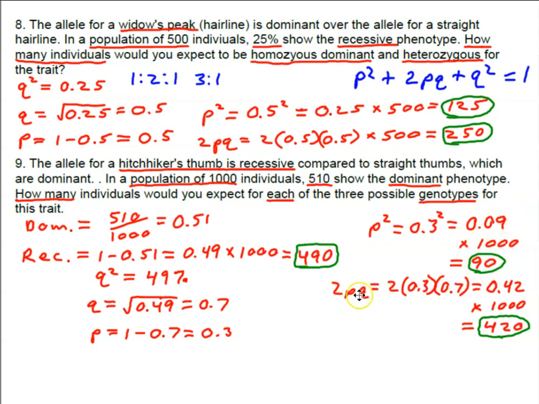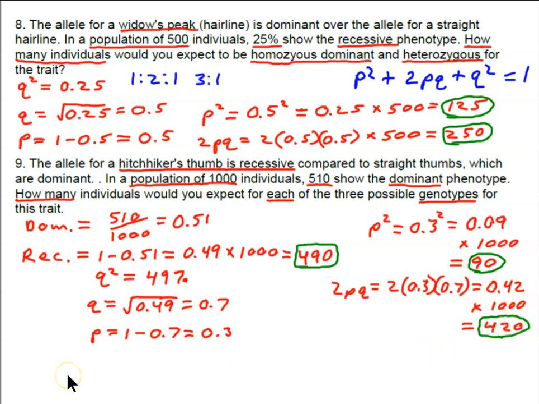And then 2pq will allow us to calculate the number of individuals that are heterozygous. So 2pq is 2 times 0.3 times 0.7, which is 0.42. 0.42 of 1,000, or 42% of 1,000, is 420.